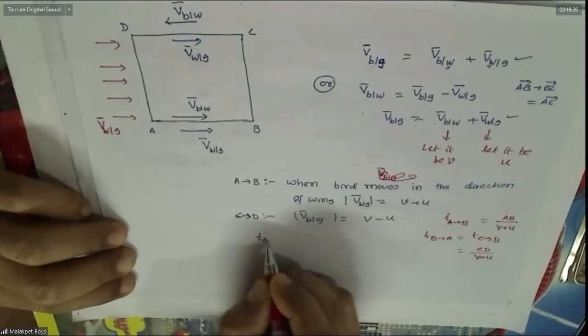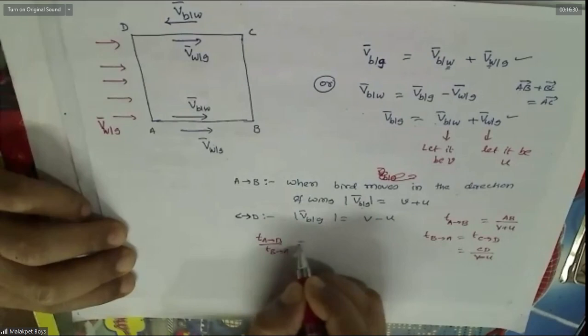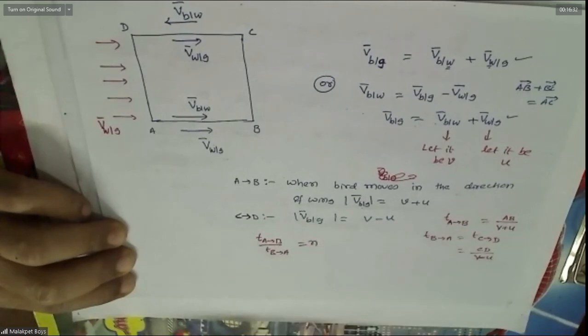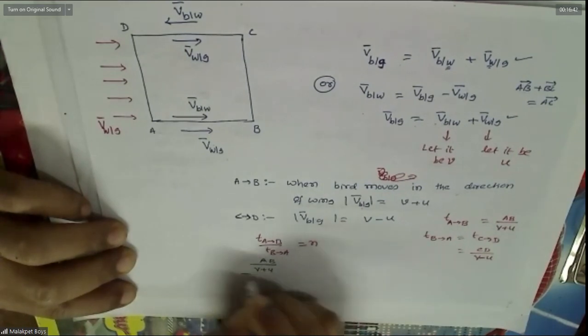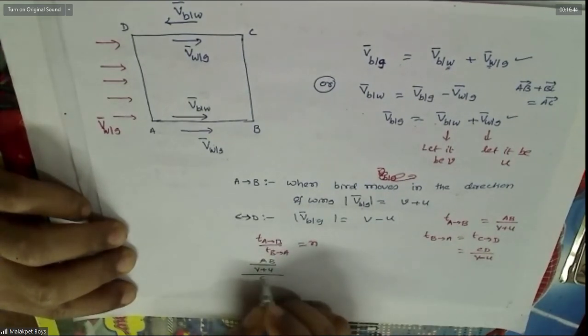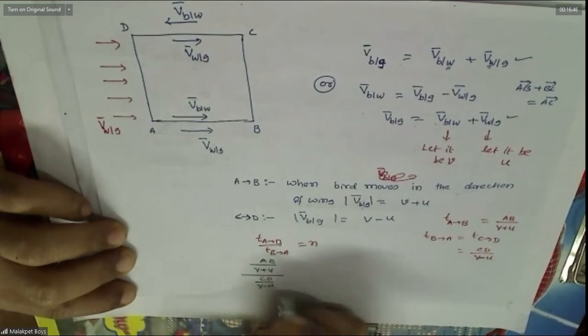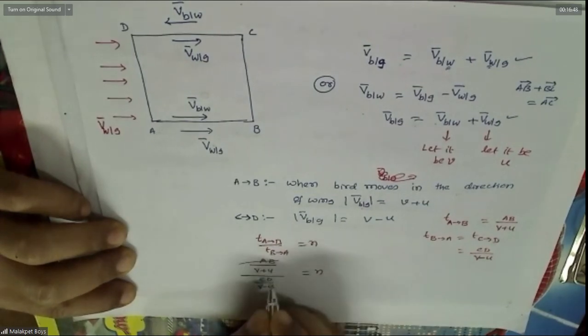So here the ratio of timings is given as N. So here you have AB by V plus U, divided by CD by V minus U, is N. This will get cancelled.